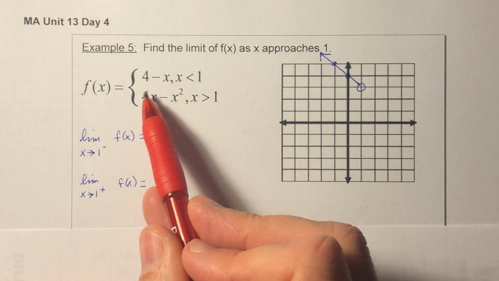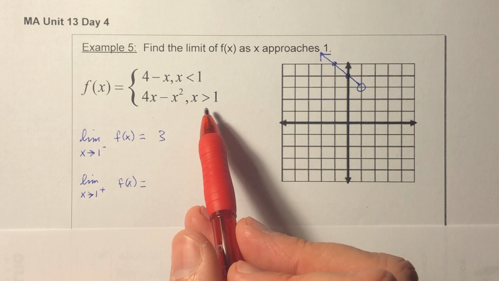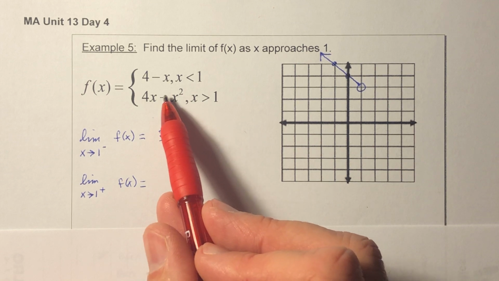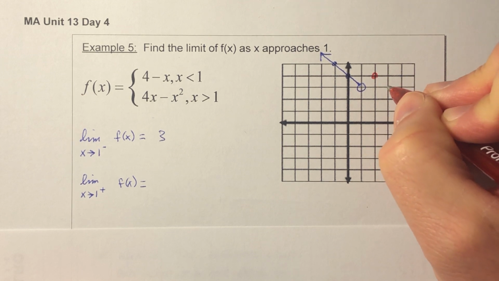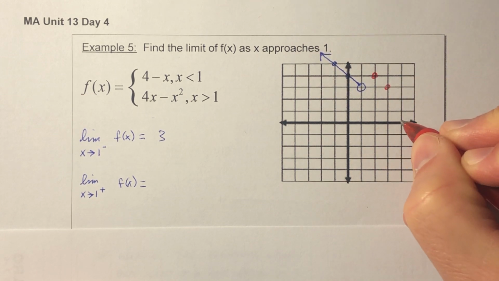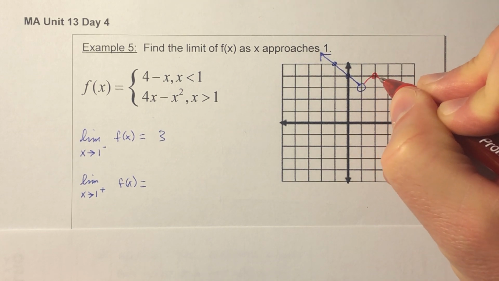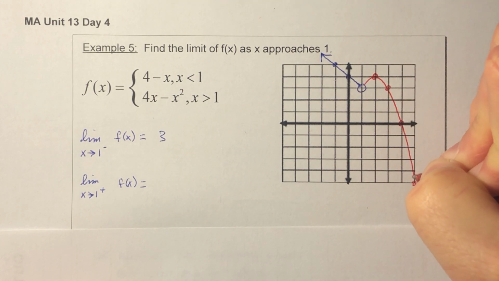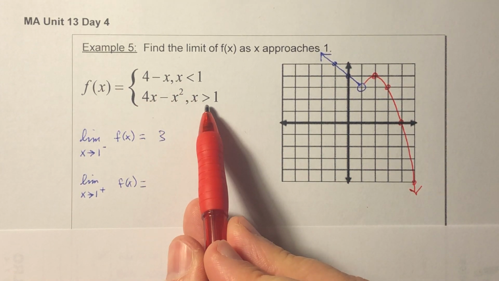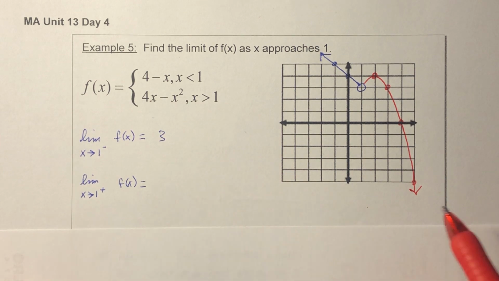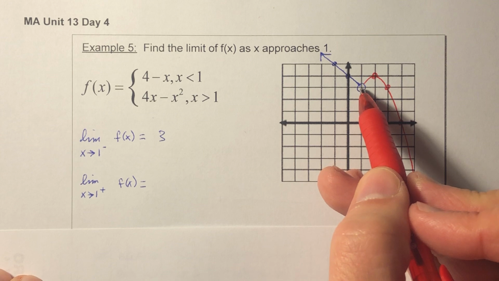Now, if we graph this, when x is greater than 1, it's a quadratic, it flips. It's going to end up looking something like this. So that's this guy here when x is greater than 1. Now, as x approaches 1 from the right side, where do we approach?